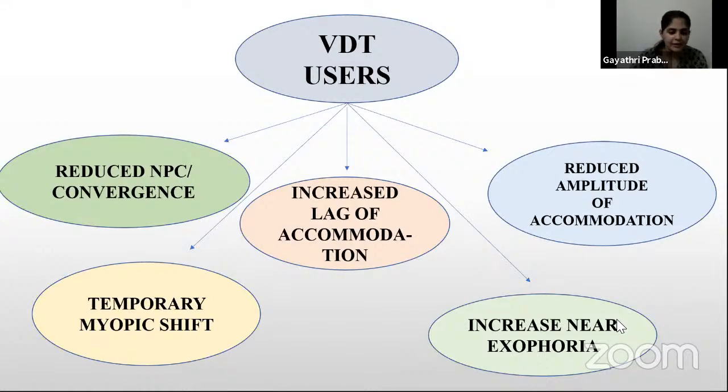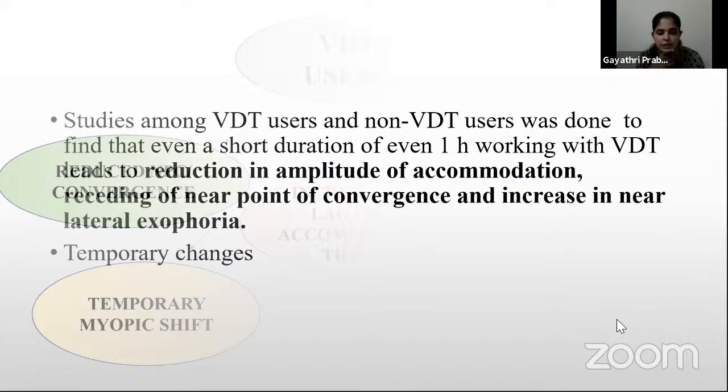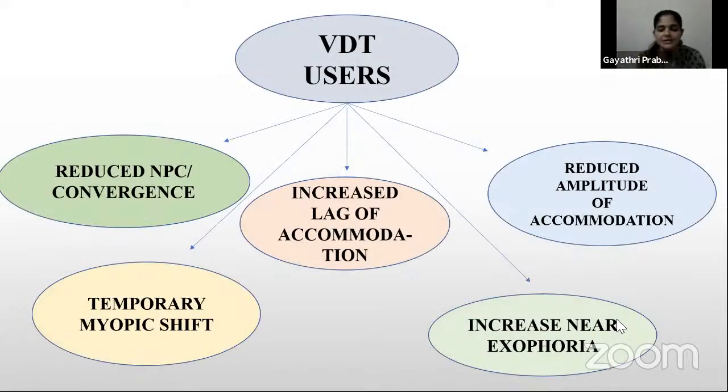Now, another factor that is seen in them is a temporary myopic shift. What they're trying to say is, since we are looking at the monitor, we are putting in a sustained accommodative effort. There is increased innervation to the accommodative system, and we are stimulating the accommodation for a longer period of time when we constantly look at the screen. That's increased accommodative effort.